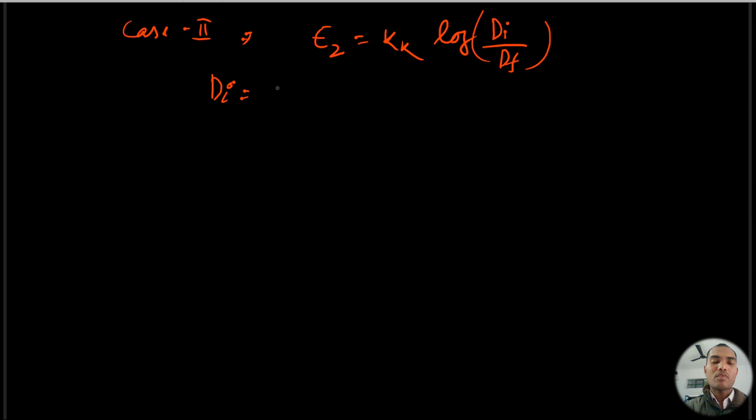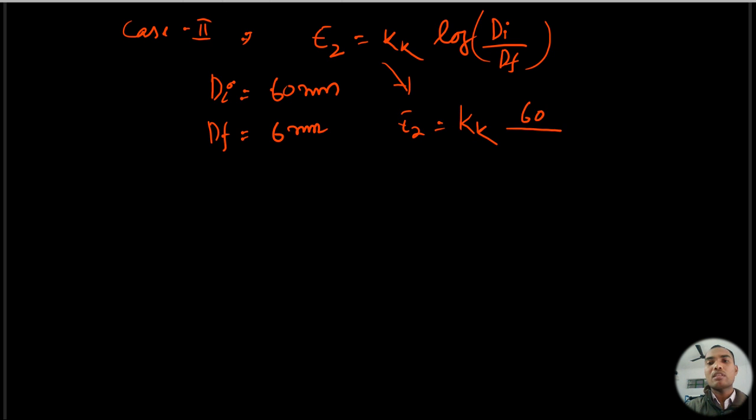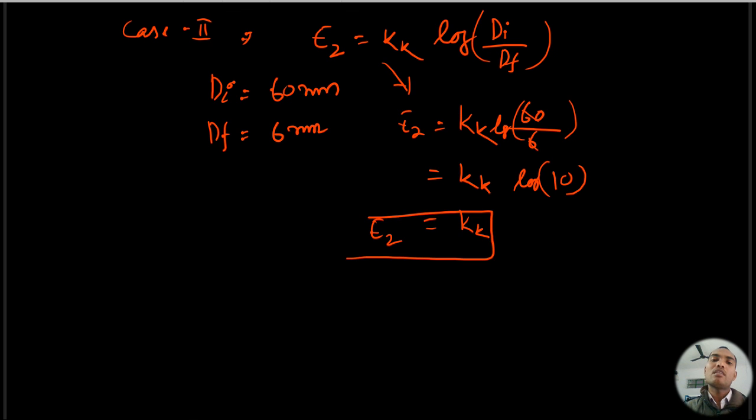So if I calculate this E2, E2 is equal to Kk into logarithm of 60 by 6, which is nothing but Kk into logarithm of 10. Logarithm 10 is equal to 1. So it's again Kk. It is asking what is the ratio of E1 and E2.